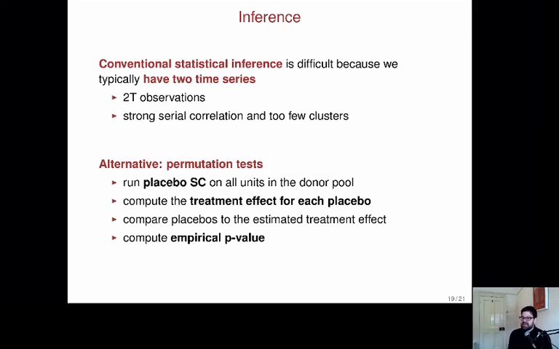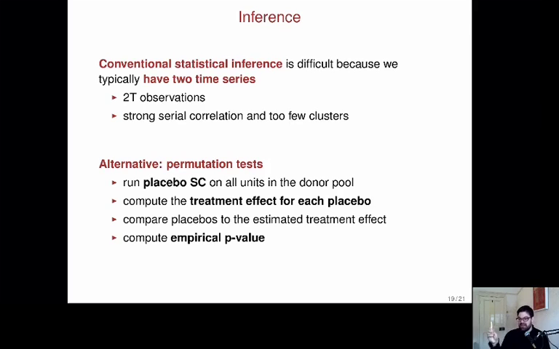Say the Basque country is treated, so that's our treatment unit, and we have however many other Spanish regions in the donor pool, let's say 30. We exclude the Basque country from our data set, and then run separate synthetic controls 30 times, each time choosing a different region as the placebo-treated region.